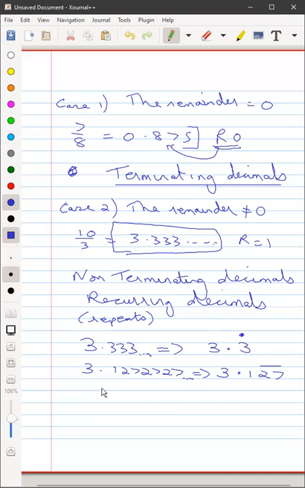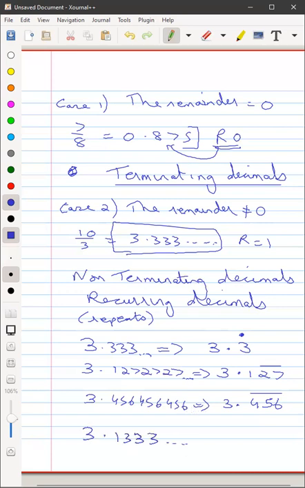For example, 3.456456. What will I represent this as? 3.456 with a bar on all three. Do you understand when you have to put a dot and when you have to put a bar? What about 3.1333?